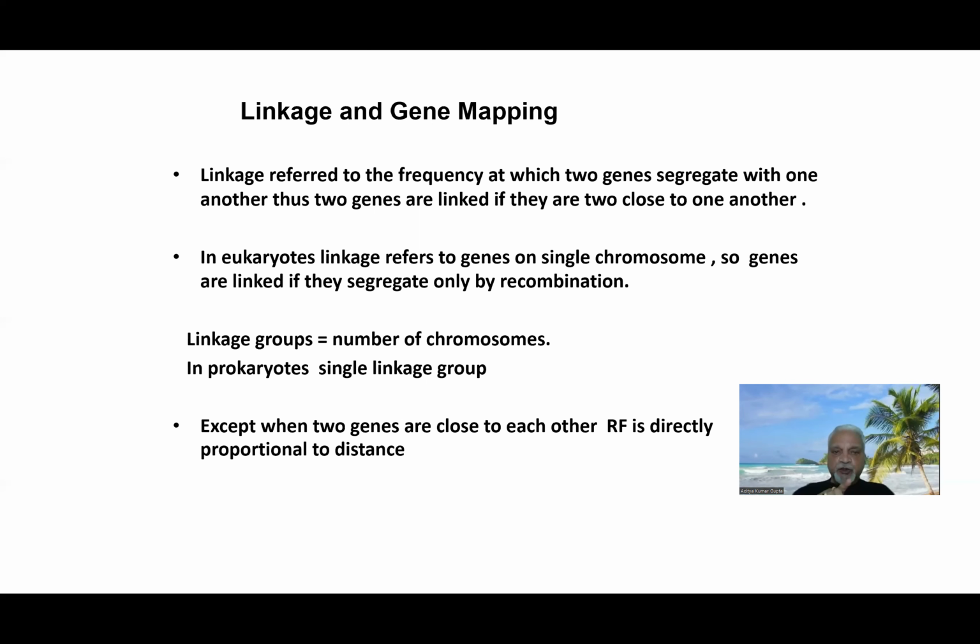If two genes are located so close to each other that no recombination is possible, then we call them linked genes. Means the two genes which are not able to undergo recombination on the same chromosome, we call them linked.